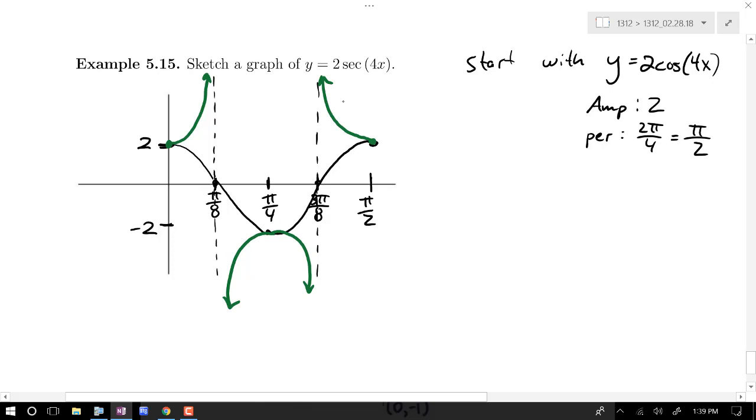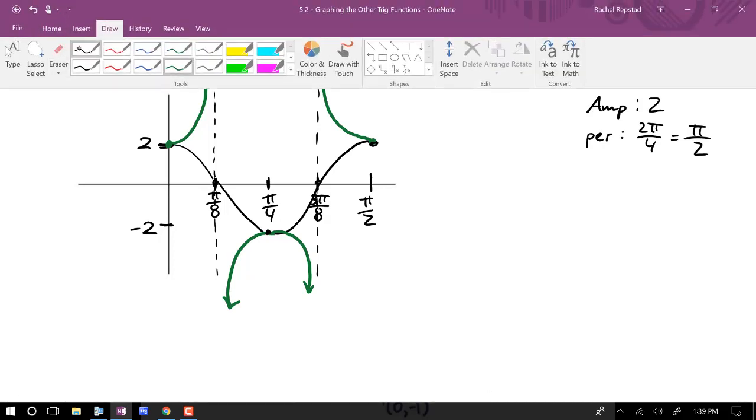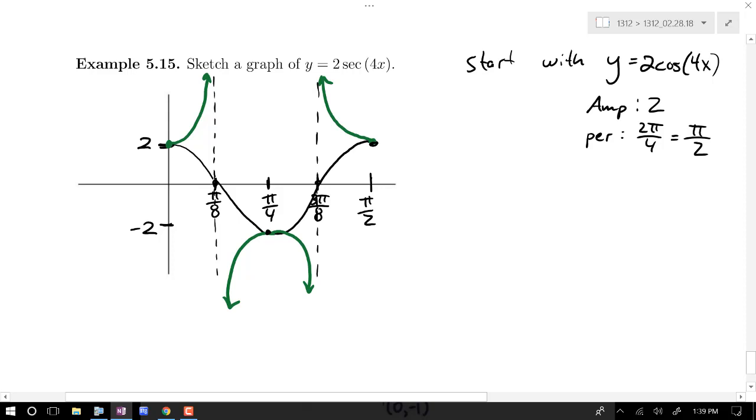So the secant curve is the part in green. But I have a hard time sketching by hand a secant curve without first sketching the cosine curve, to the point where I literally never do it. I definitely use the sine and cosine as crutches to help me with the secant and cosecant. Don't judge.